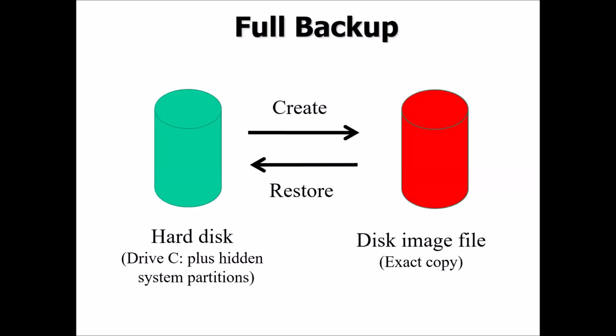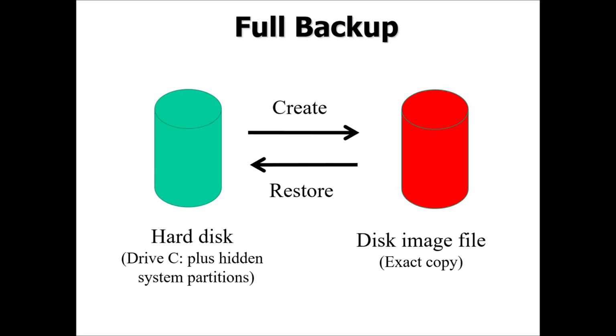Okay, so disk imaging. The green drive here is our hard drive in our computer. If you're a Windows user only, then what you generally see is a drive called Drive C, the Windows operating disk. But underneath that, there will be a number of hidden system partitions.